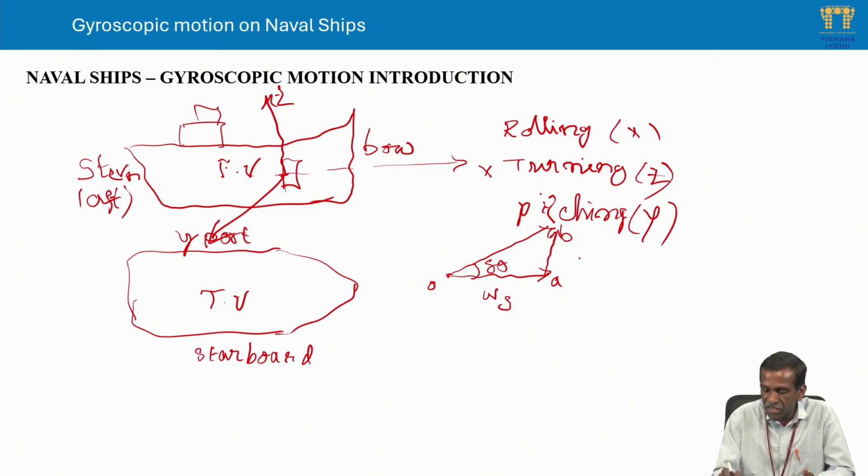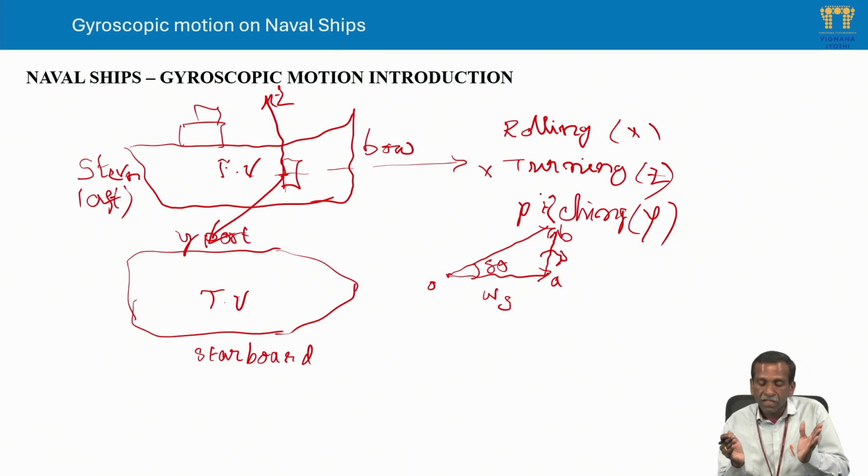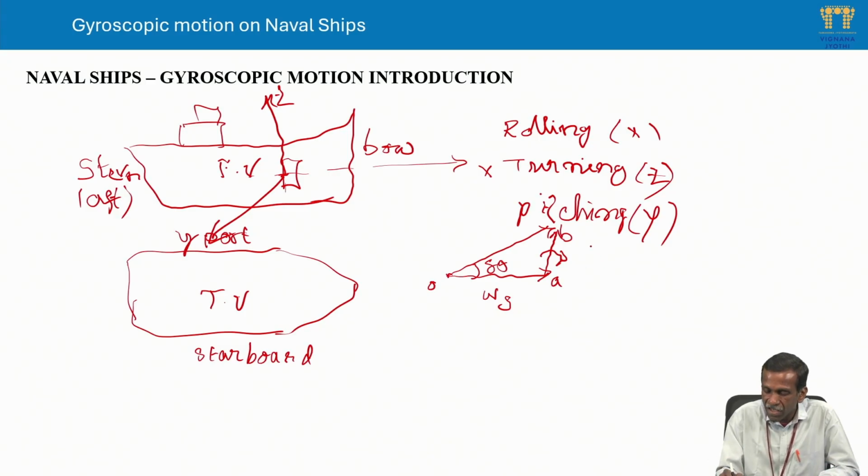This angular acceleration is A to B, that is, the gyroscopic couple is acting A to B. If you apply the right hand screw rule, A to B means rotating clockwise about the x-axis, which means the ship is going to act in pitching, because of this z-axis motion given and the rotating bodies rotating about the x-axis. Reaction is opposite, let us say B to A. This is the reaction as per Newton's third law.